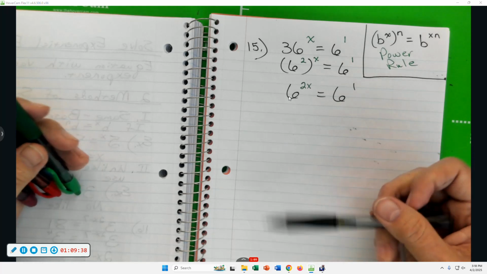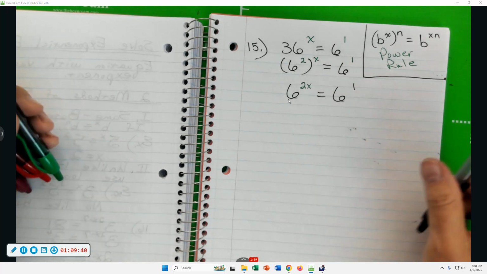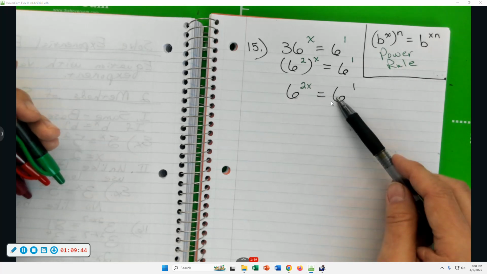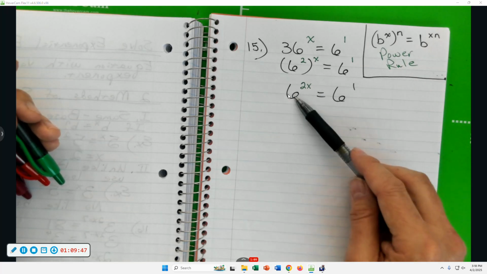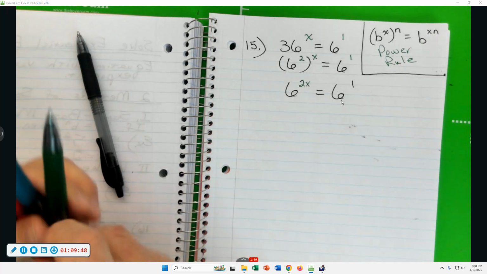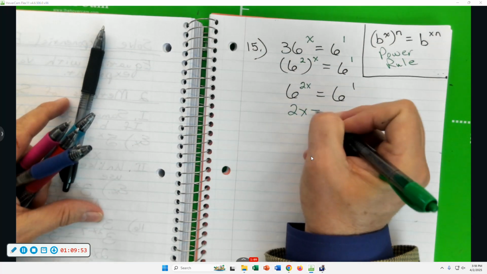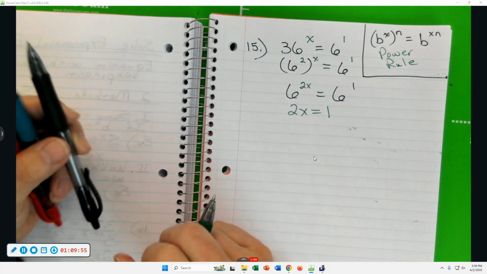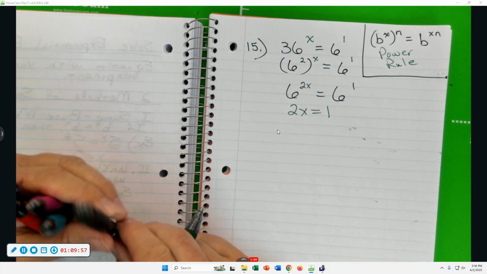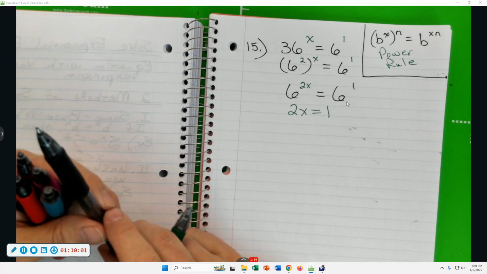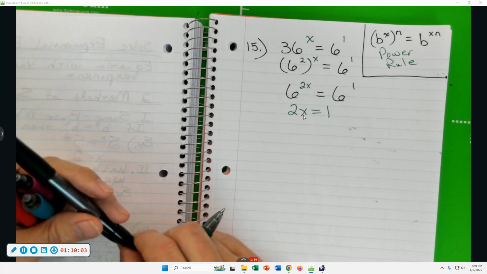Are we through with the sixes at this point? We have 6 to a power equals 6 to a power. We have the same base on both sides, so we drop the bases, set the exponents equal. Once you get that common base of 6 without any parentheses, the rest is real easy. What are we going to do to solve for x?